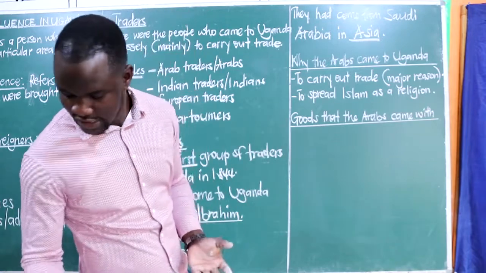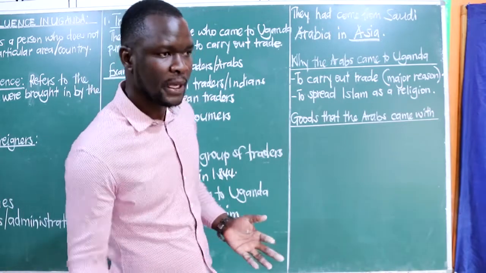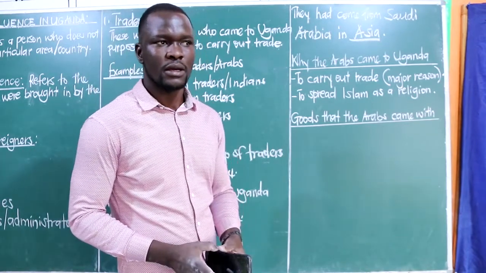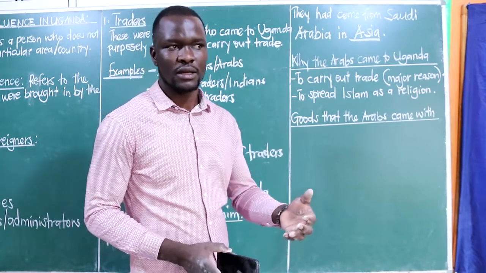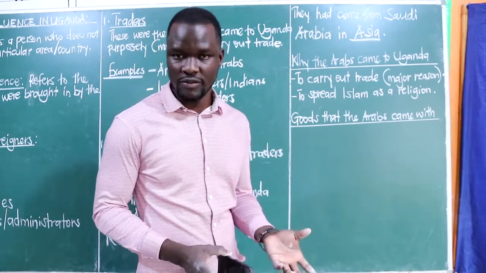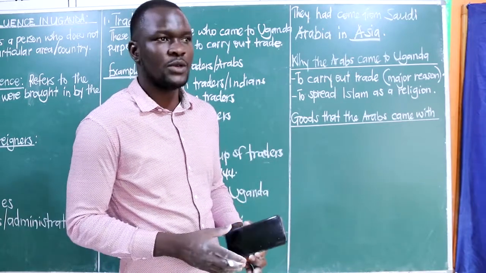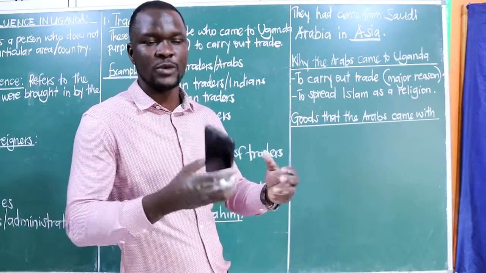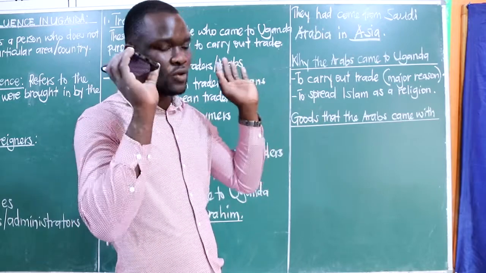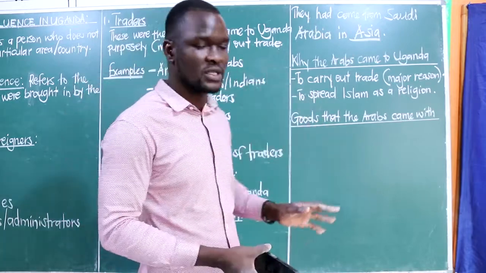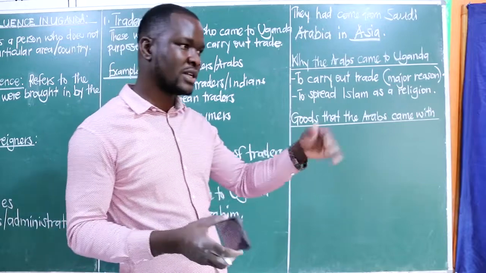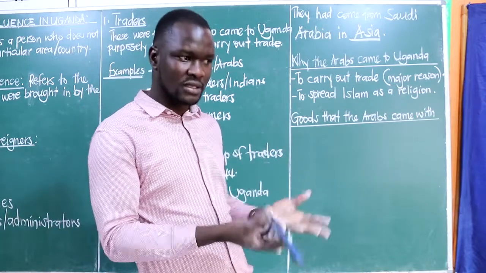In other words, if you wanted maybe a kilogram of meat, you could go with goods. Like you get maybe maize, you put maize in the basin, then you go carrying it to the person selling meat, and tell the person, I want some meat, can you please take the maize?